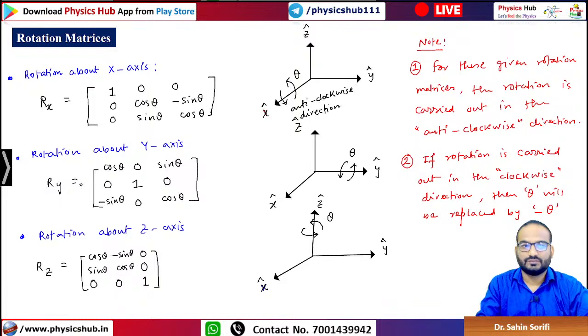Now you see, cos of minus theta is plus cos theta, and sine of minus theta is minus sine theta.